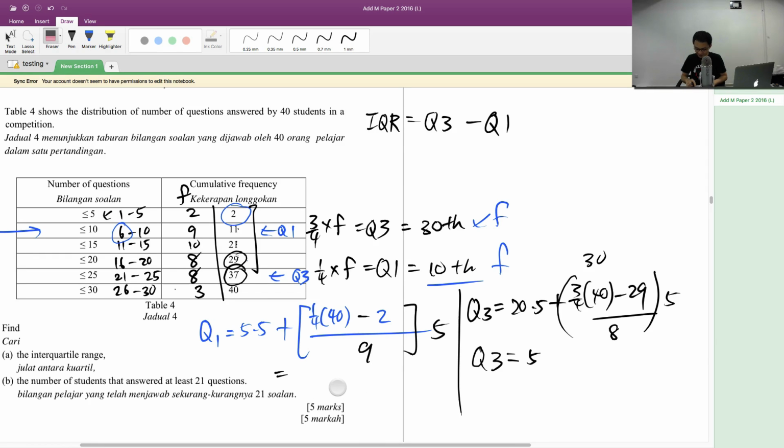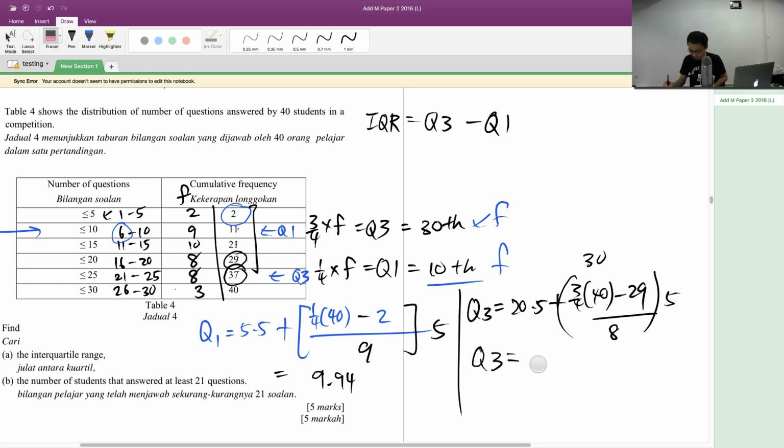So let's calculate. 10 minus 2 is 8. 8 divided by 9 multiplied by 5 plus 5.5. So this is 9.94. Alright, so for this one I will do the same thing. 30 minus 29 divided by 8 multiplied by 5, and then plus 20.5.